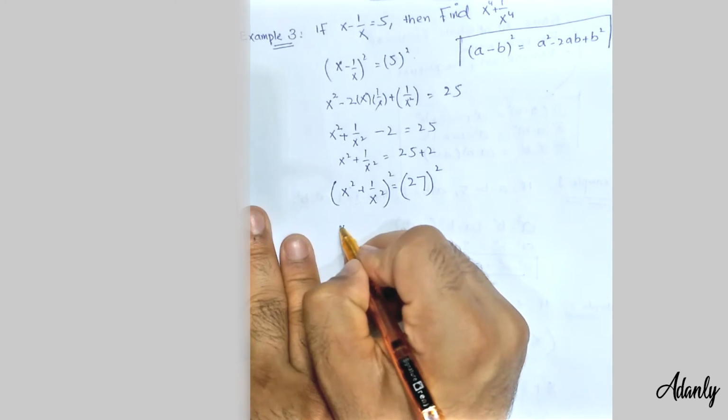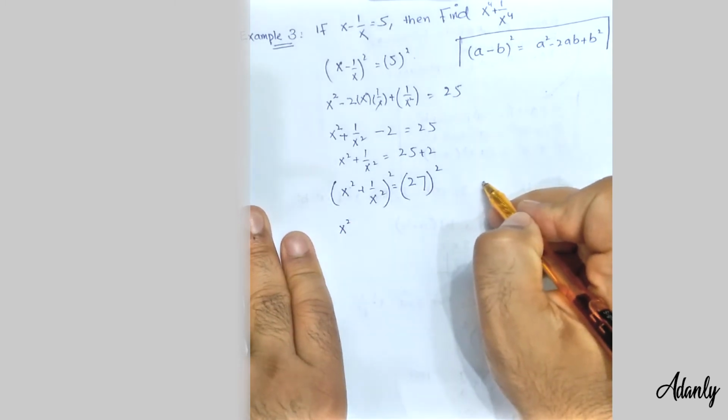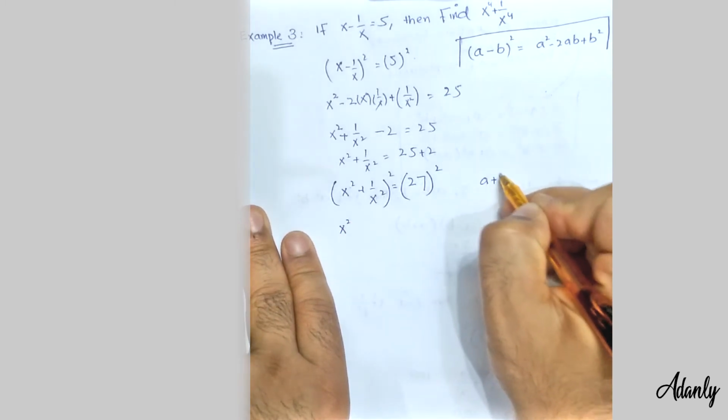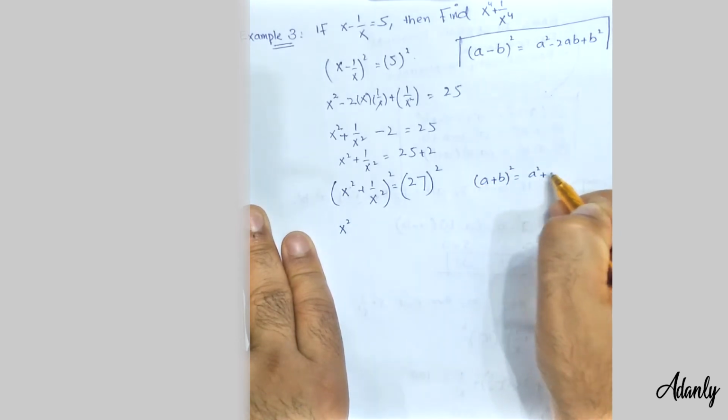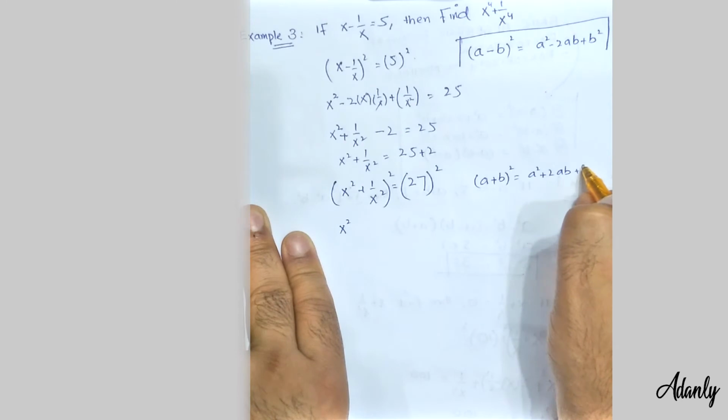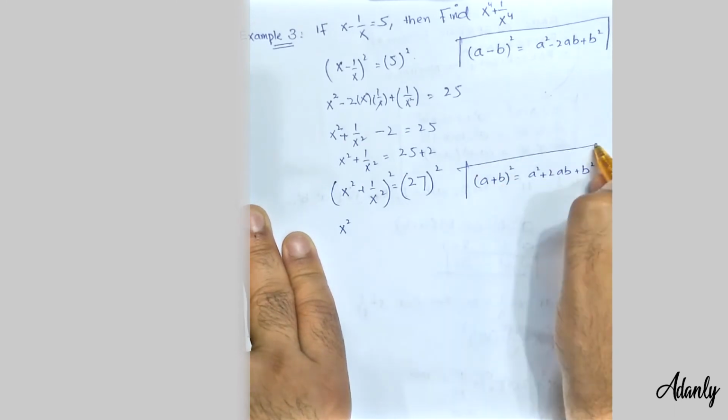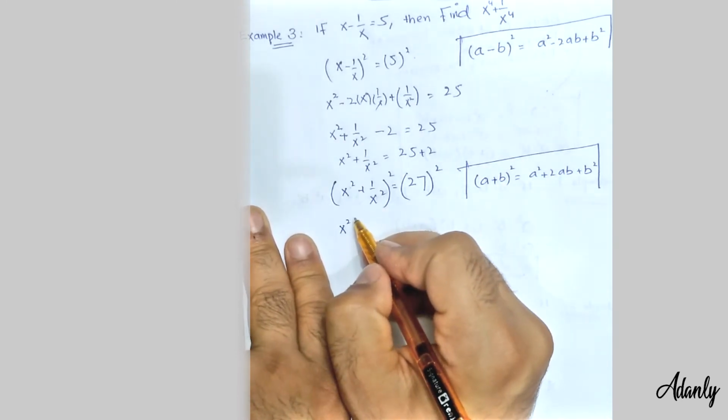So x square, now here we can apply this formula: a plus b whole square equals a square plus 2ab plus b square. I hope you remember this formula.